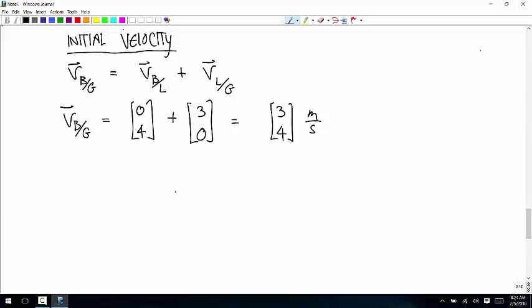And now we can just use the two-dimensional kinematic equations. I'll put the coordinate system on the ground right below where the ball's launched from.